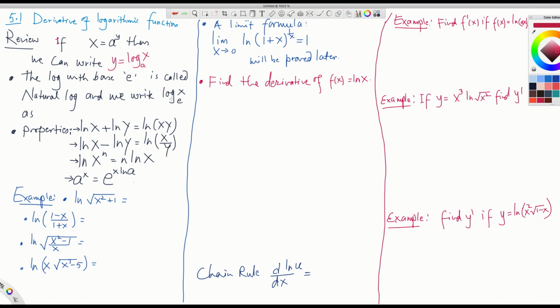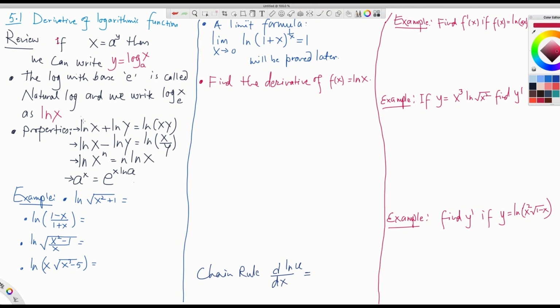And we write log of x with base e as ln x, okay? If there is a base e, you don't have to write that base. Instead of log base e, we write ln. That means natural log of x. That's how you write, okay?